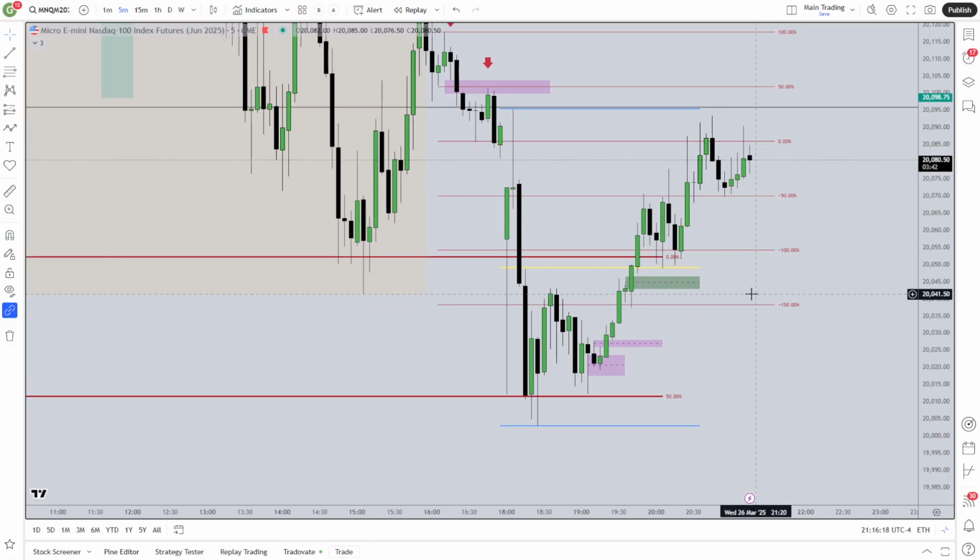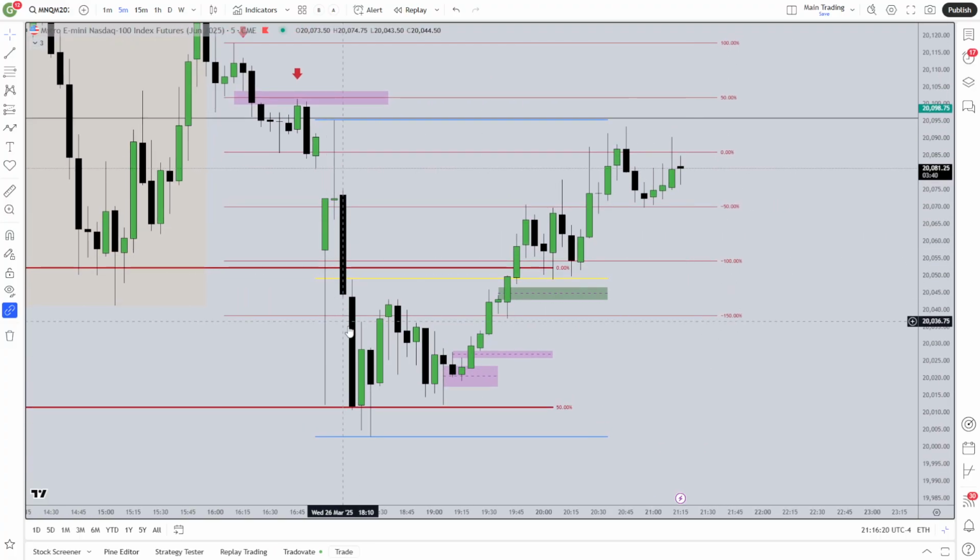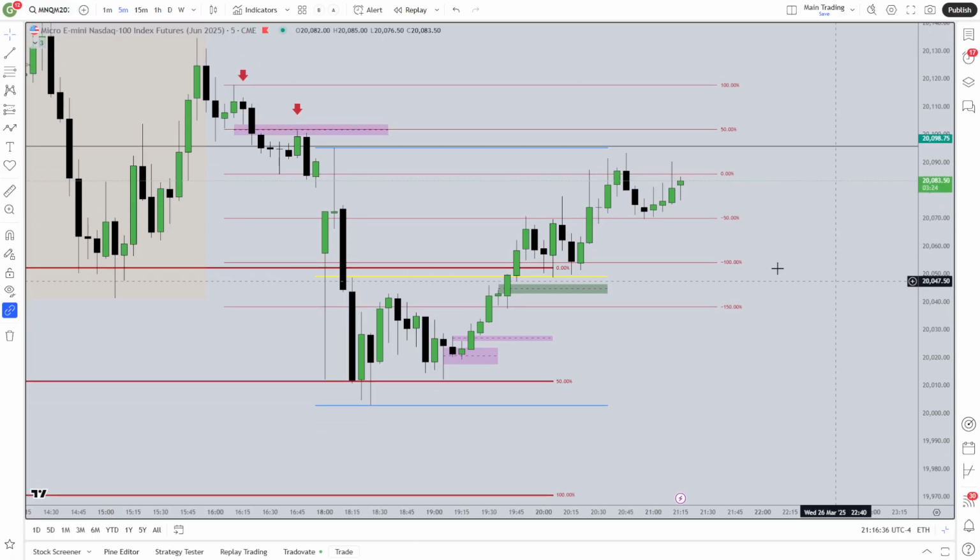And now we have price getting to that terminus, breaking above the 1.5 deviation, retesting, breaking above the 1, retesting, breaking above the 0.5, retesting. And so it is using the same levels on the measuring side like a market maker model.